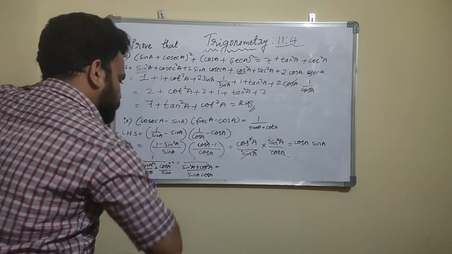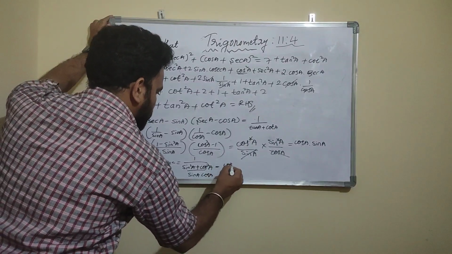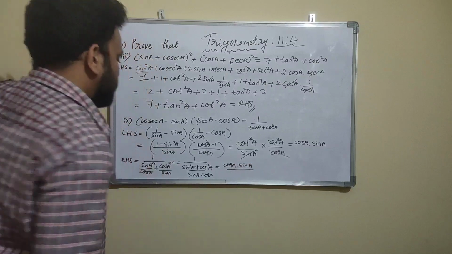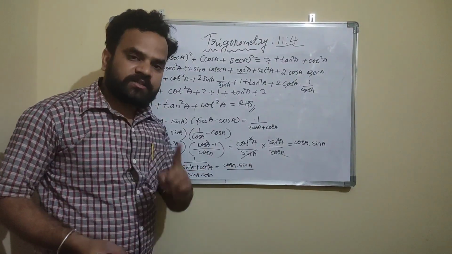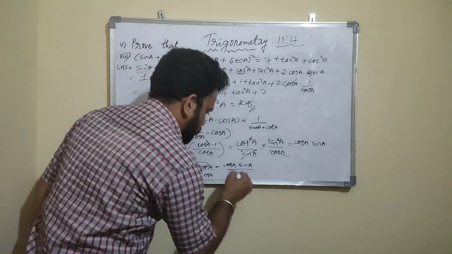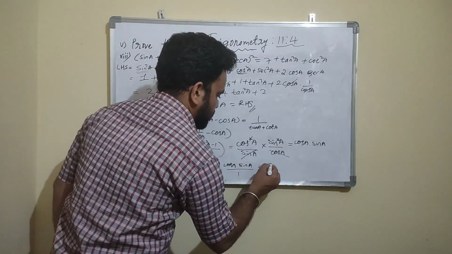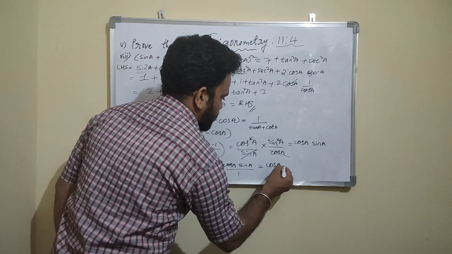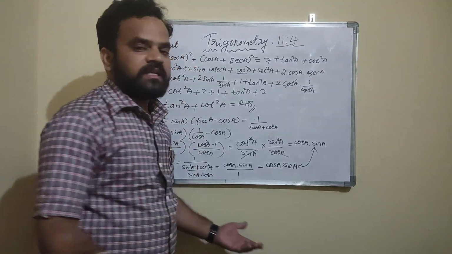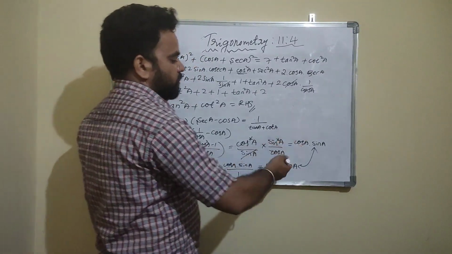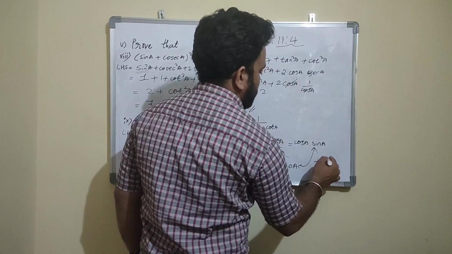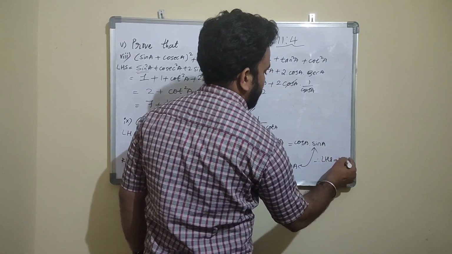I will take this to numerator. So it will be cos a into sin a divided by sin square a plus cos square a. What is the first identity? Sin square a plus cos square a is 1. So what is the answer? Cos a into sin a. Here you can see both LHS and RHS are equal. You can take equation 1, equation 2 and you can write therefore LHS is equal to RHS.